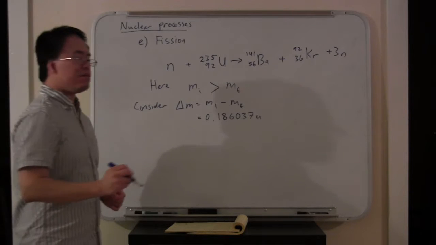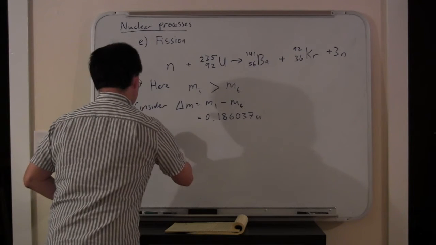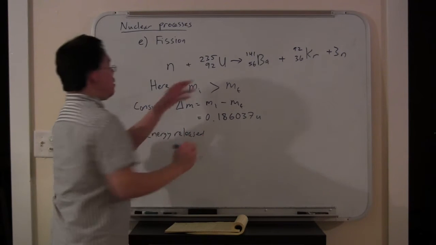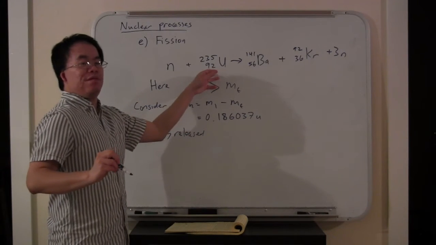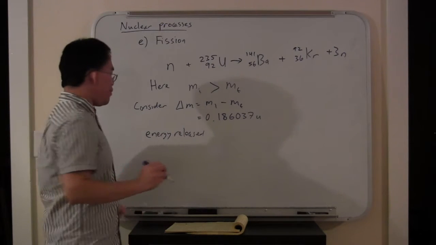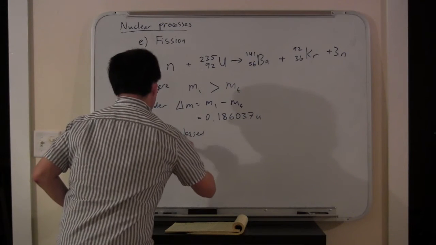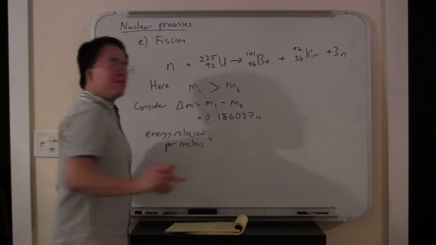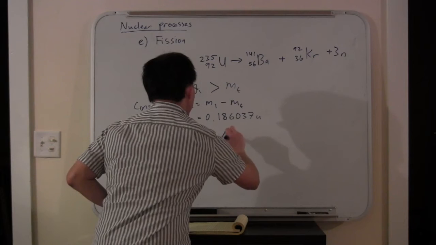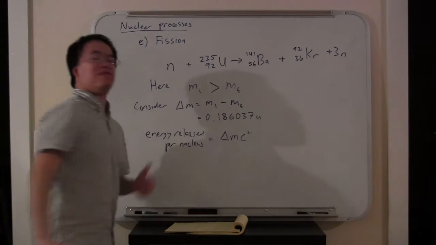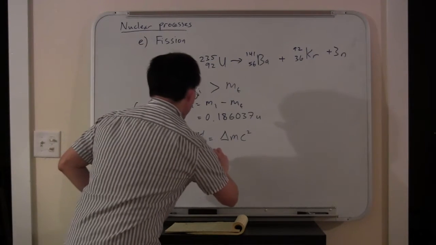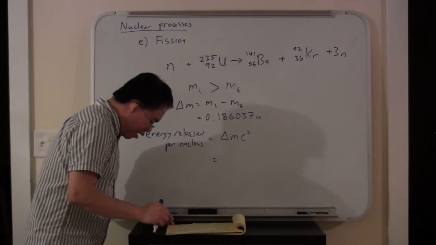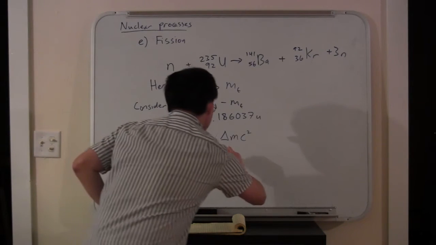And then the energy released for one nucleus undergoing fission turns out to be delta M times c squared, that change in rest energy.